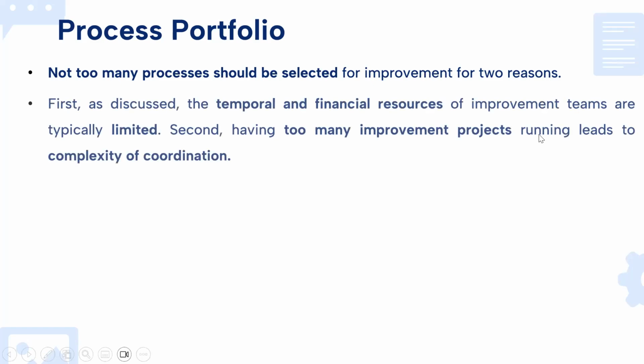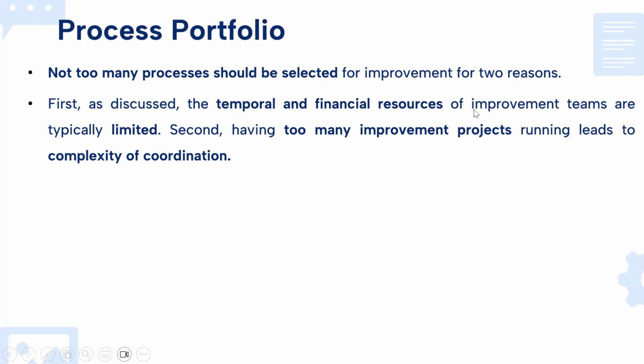As I mentioned earlier, BPM is an investment, so organizations should have the necessary resources to do BPM activities. A large organization might be able to invest in multiple projects at the same time, but most organizations cannot improve processes at the same time.